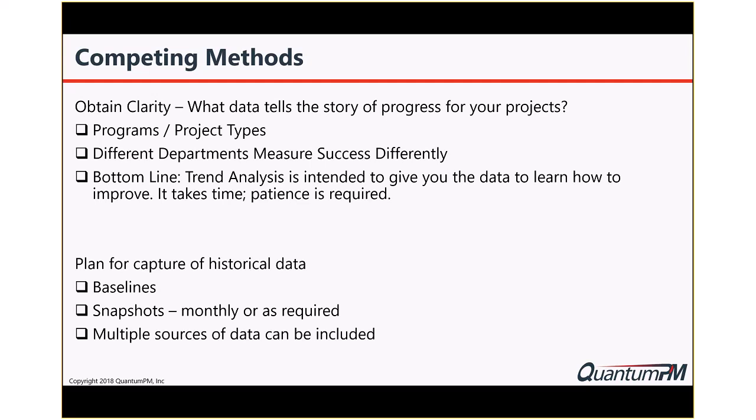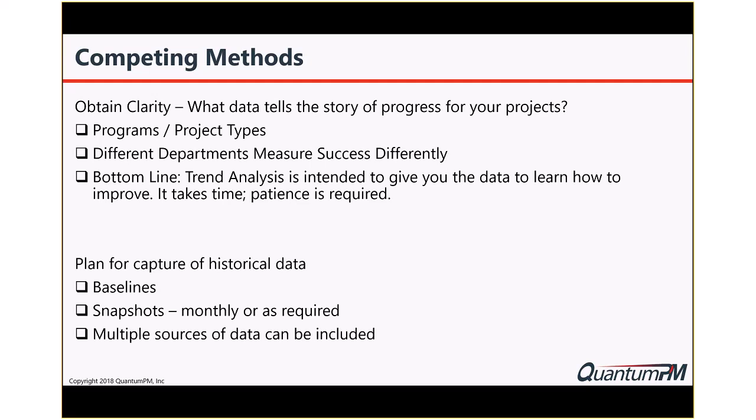Okay, so competing methods. This is one of my favorites because it's very challenging, keeps people on their toes all of the time in the project management world. So you need to spend a lot of time obtaining some clarity around what is the right way to measure progress on your projects.